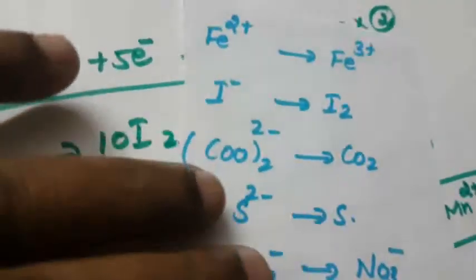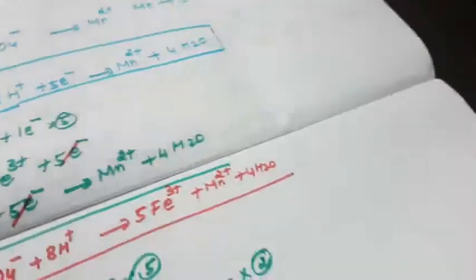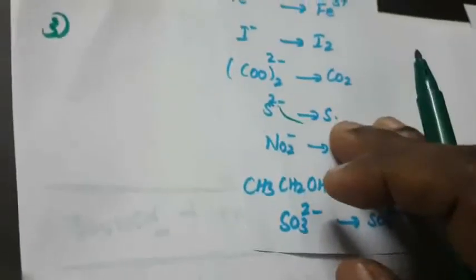The third example is oxalate ion, oxalate ion to carbon dioxide. What is oxalate ion?